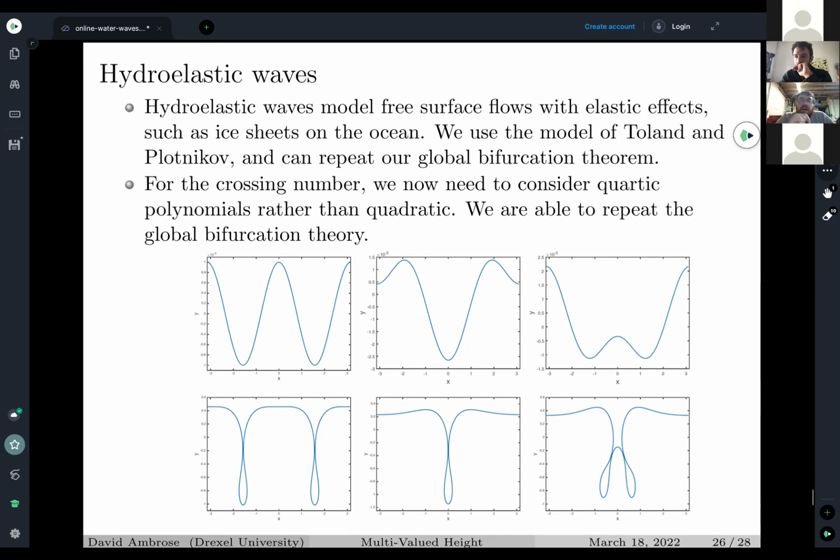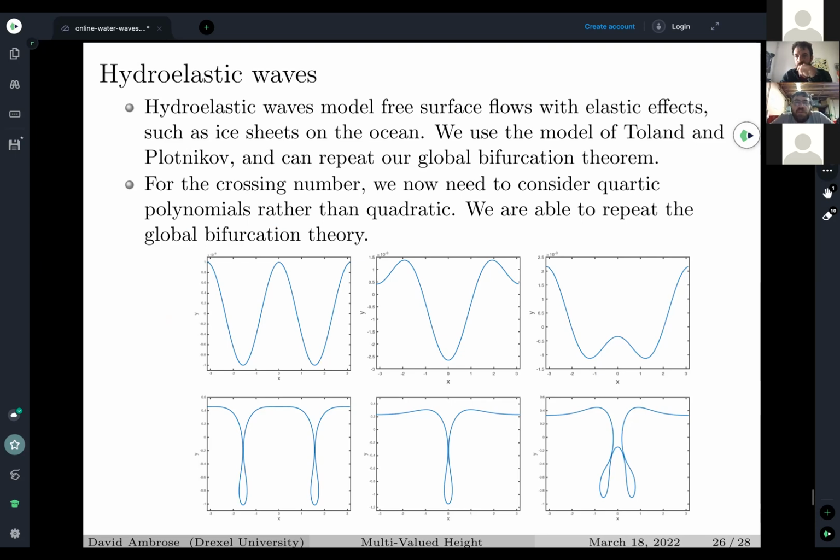Okay, and with my PhD student, David Soulon, we've been able to generalize all those results to hydroelastic waves. By all those results, I mean the numerical results and the global bifurcation theorem. We have two papers, Ben Akers, David Soulon, and I, on hydroelastic waves.